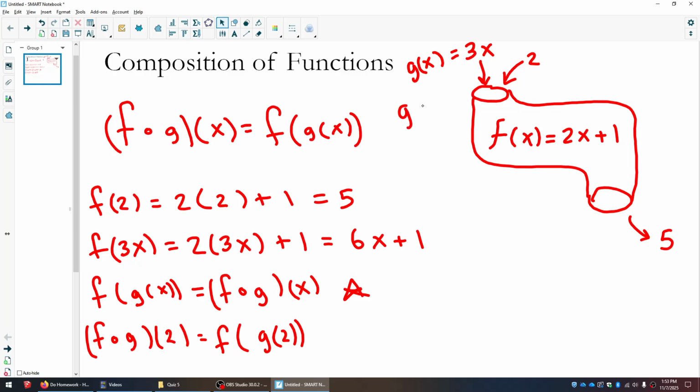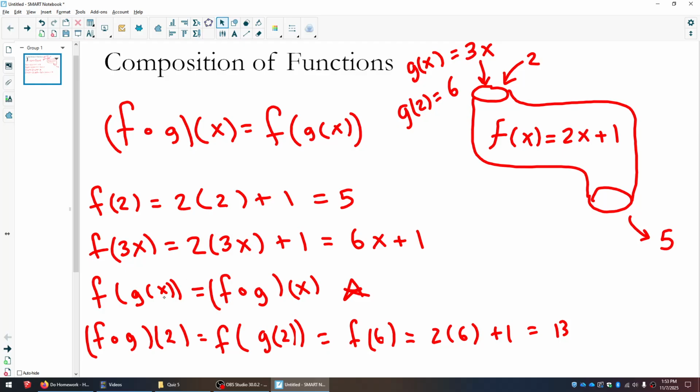So g of 2 must be 3 times 2. That's just going to be 6. So this is just the same thing as f of 6. And f of 6, because f is 2x plus 1, is going to be 2 times 6 plus 1, which is 13.